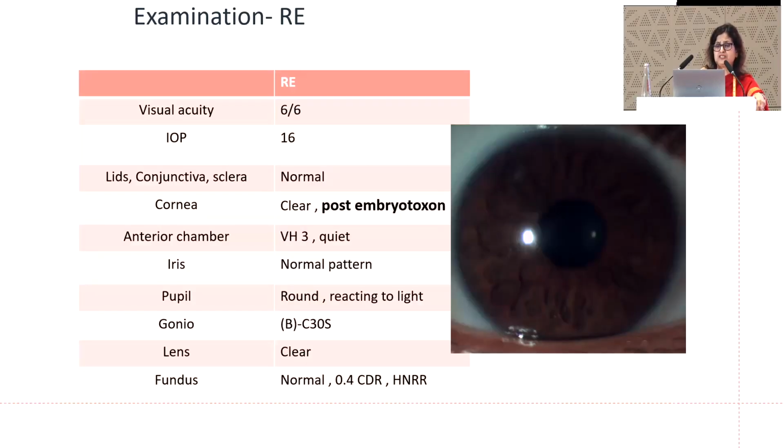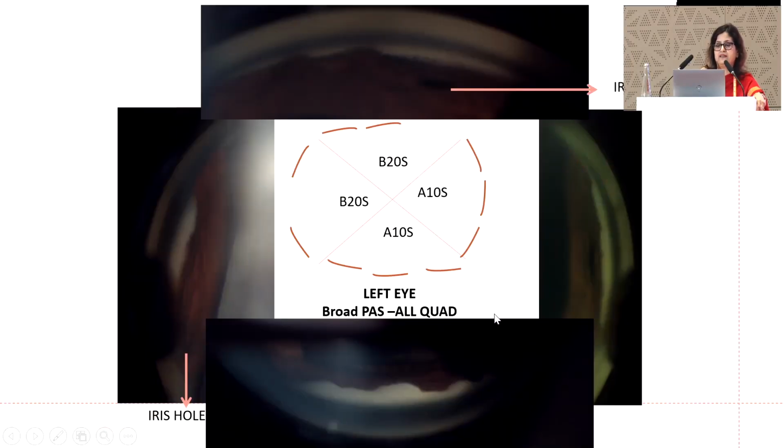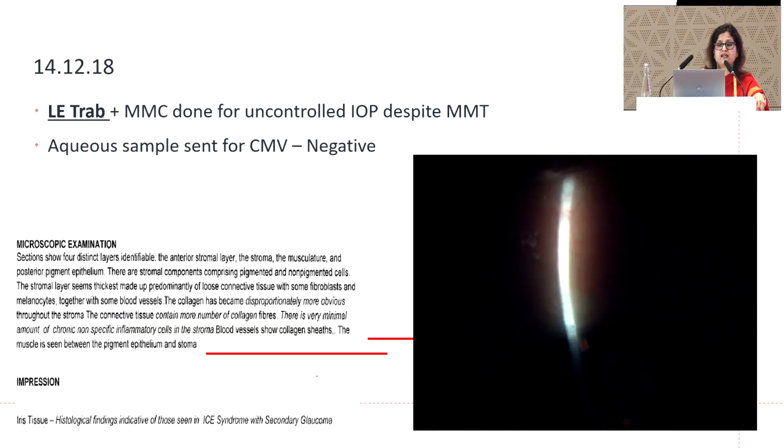In this young female patient, the right eye was more or less normal, but the left eye had ICE syndrome with iris holes, stretched iris, corectopia, polycoria, and broad-based PAS all around, as you can see. TRAB was done, and even an aqueous sample was sent for CMV, which was found to be negative.